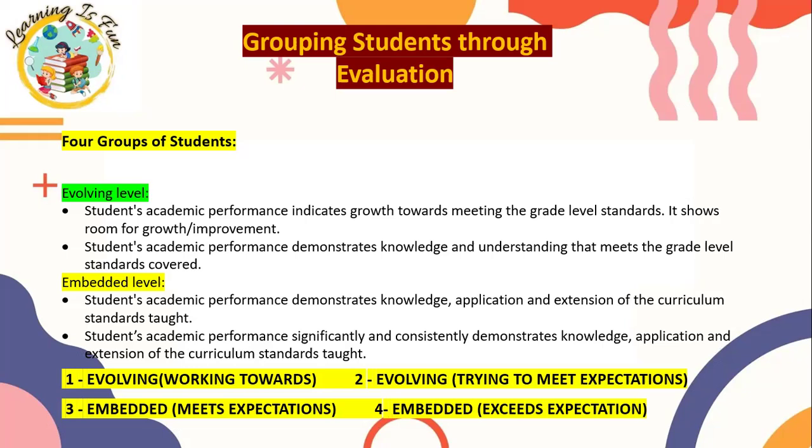Is it clear? So these are the two levels: the evolving level and the embedded level. The evolving level includes those children who are working towards or trying to meet expectations, and the embedded level includes those children who are meeting expectations and exceeding expectations.